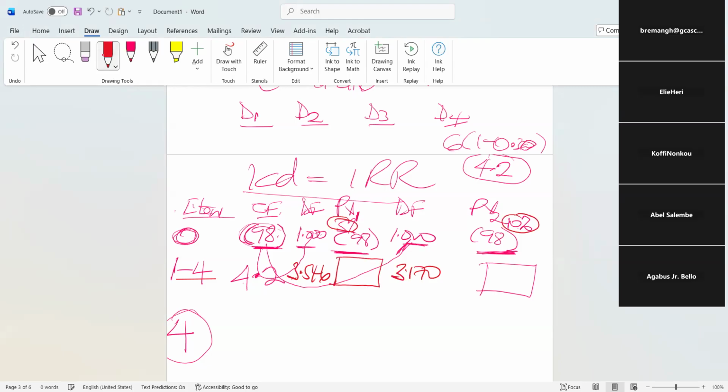For the 4.2 times 3.546, you put the answer here. So what is the answer? Can somebody give me 4.2 times 3.546? Please just use your calculators and let's move fast, right?